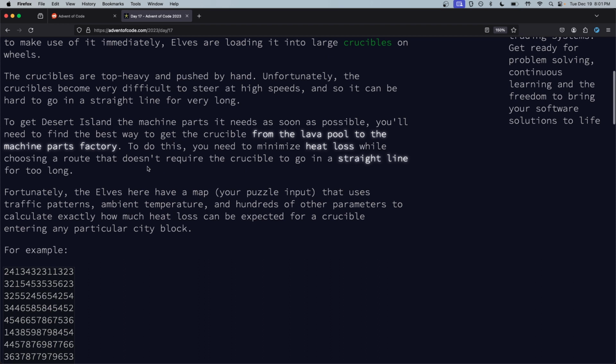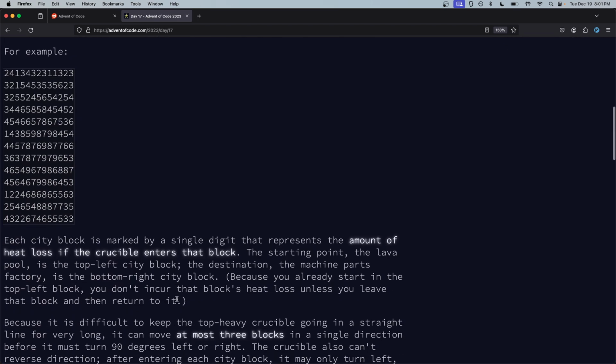Essentially, the crucible can only go in a straight line for 3 blocks at a time. What that means is that if we start in this top left, we go right, right, right. We've gone right 3 times. Now we must take a 90-degree turn.